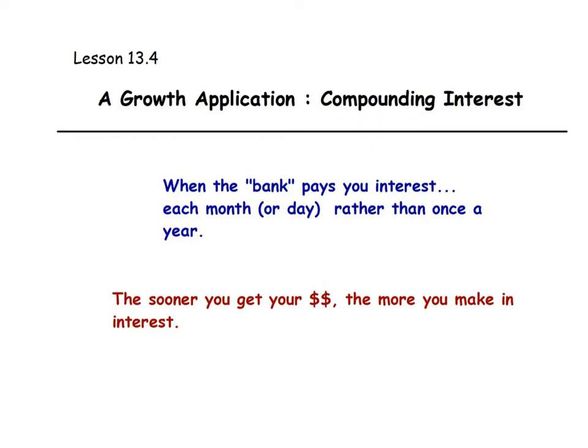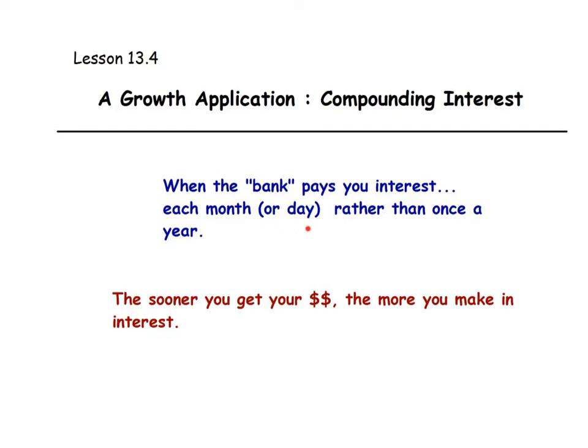Compounding, and we're going to talk about banks here and money, is when they actually pay you that interest not at the end of the year, but perhaps each month. So each month, rather than one time at the end of the year, they're going to pay you 12 times during the year. Or, and we call this compounding, they may pay you daily.